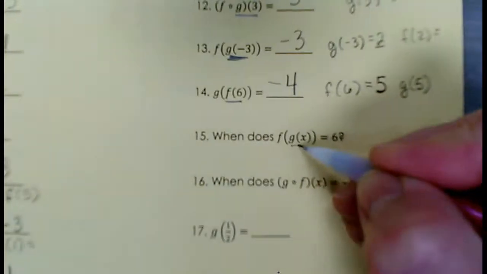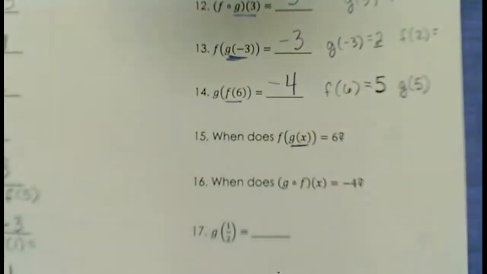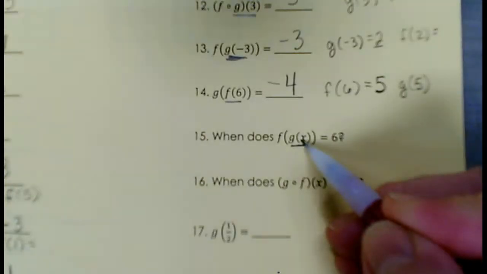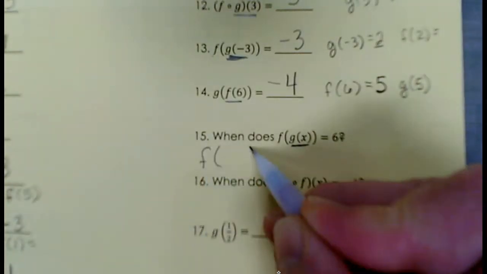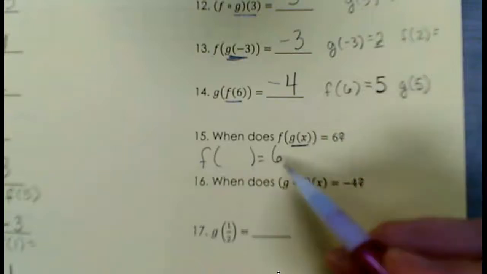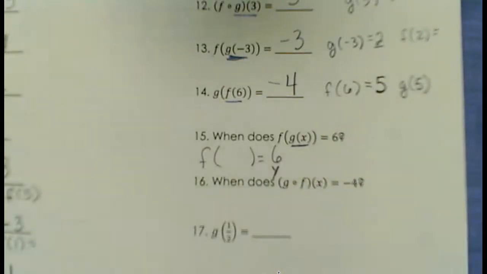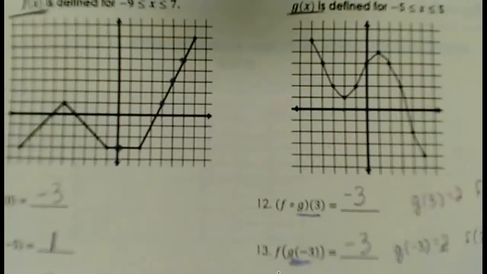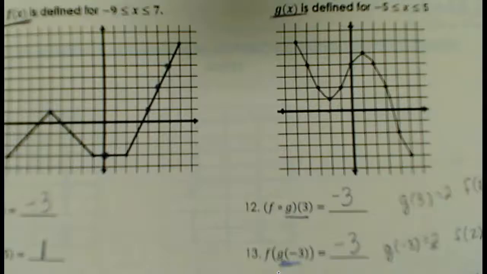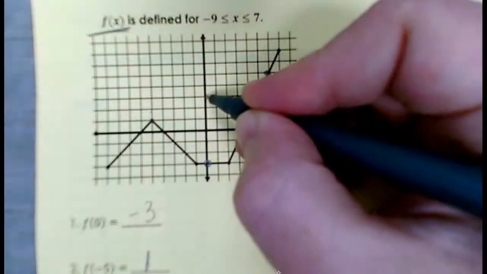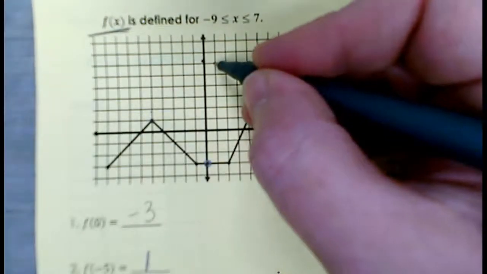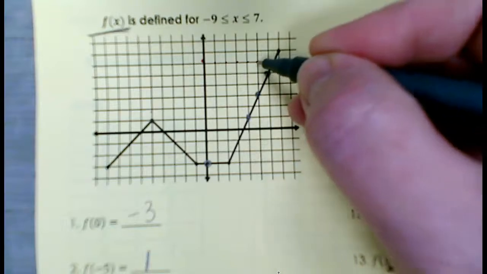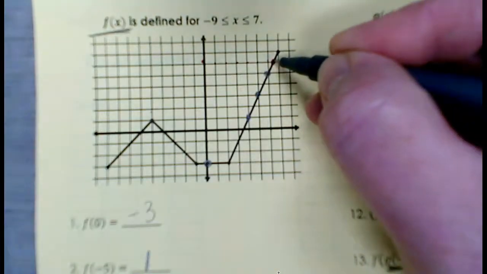But on this one, I can't start on the inside because I don't have a number right here. So I have to start on the outside, and this number is my y value. So on the function f, I have a y value of 6. 1, 2, 3, 4, 5, 6 and a half.